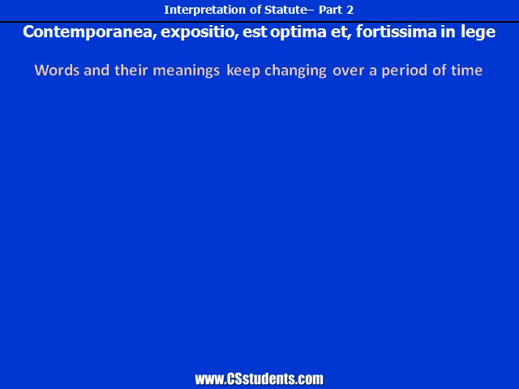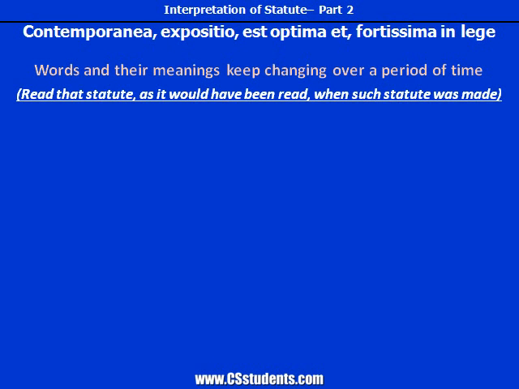Meaning of those words would change with time. Such improvisation may not happen in 5 or 10 years, but would definitely happen in 25 to 30 years. This Latin maxim emphasizes that the best way to reach the correct interpretation is to read that statute as it would have been read when such statute was made.